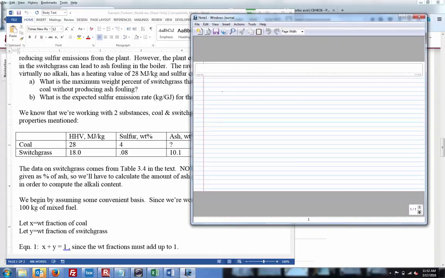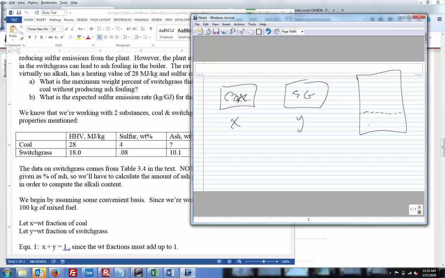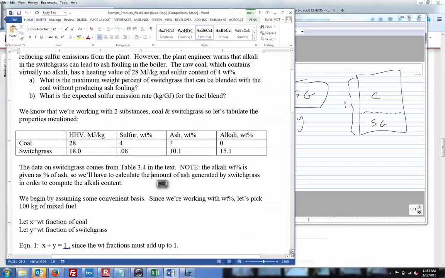Okay, so basically we've got coal here, and we're going to call that X. And we've got the switchgrass, which is Y. And then when we're done, we're going to end up with some chunk of fuel, right? And the question is, where's this dotted line between the switchgrass and the coal? That's X plus Y, and this whole thing is 1.